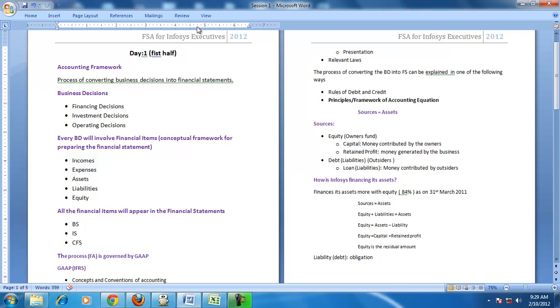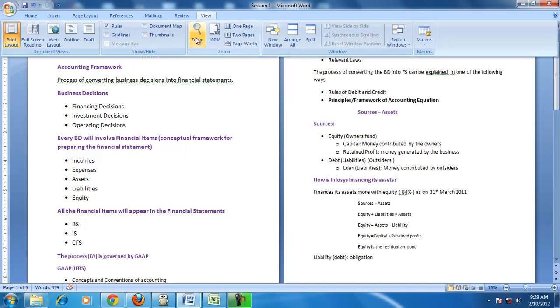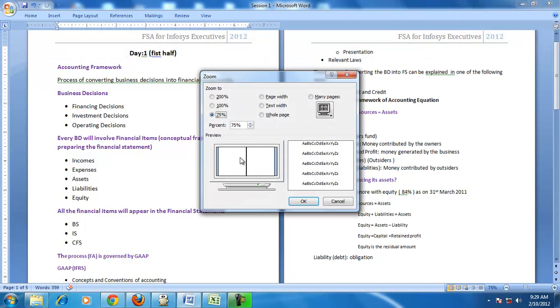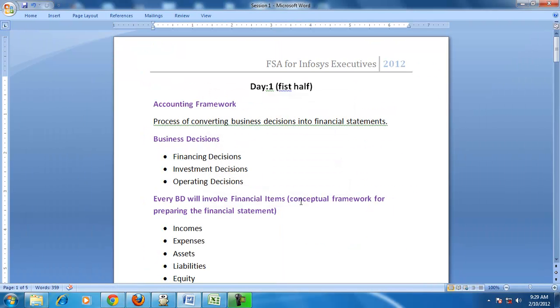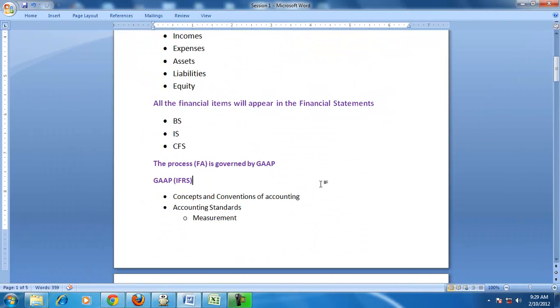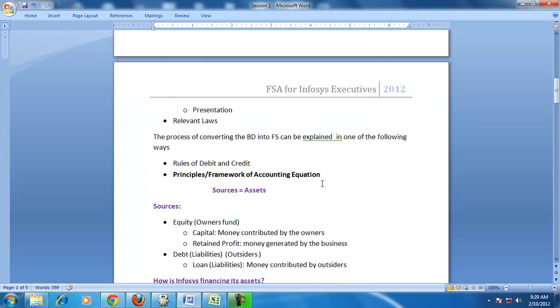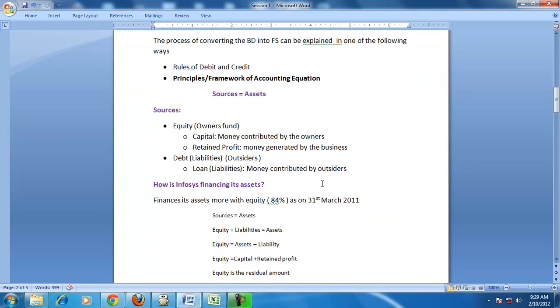And in this session we will take the discussion forward and understand what are the various sources and what is the effect of debt and equity.